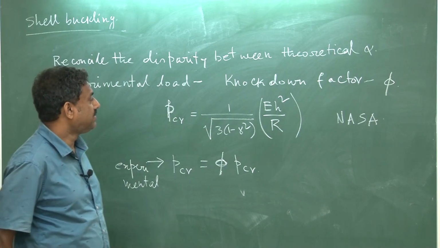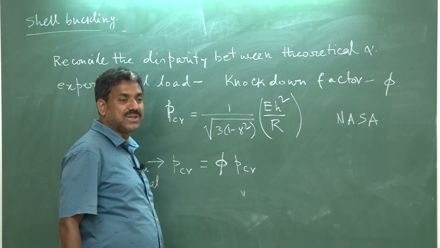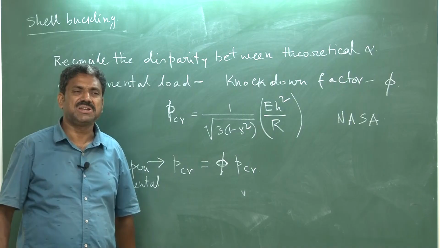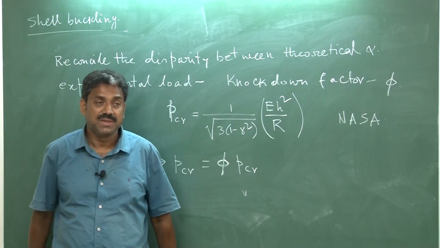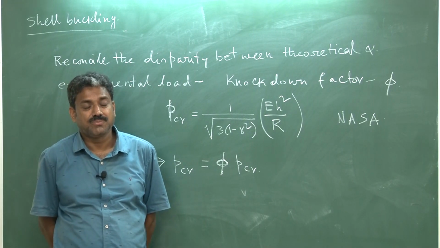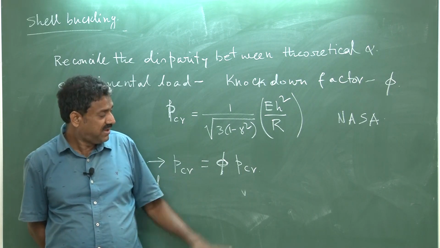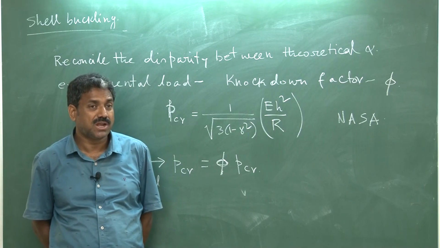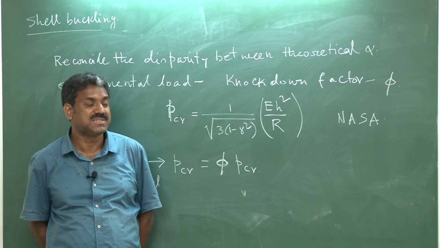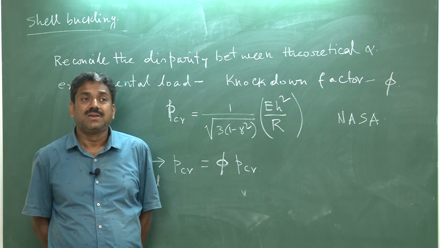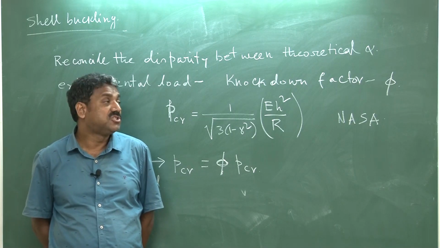The basis of this knockdown factor phi is of course experiment, because people have tested a large number of samples. There have been large testing programs and campaigns. Initially, whatever phi was proposed and adopted, in space exploration NASA used a very conservative value of this knockdown factor.